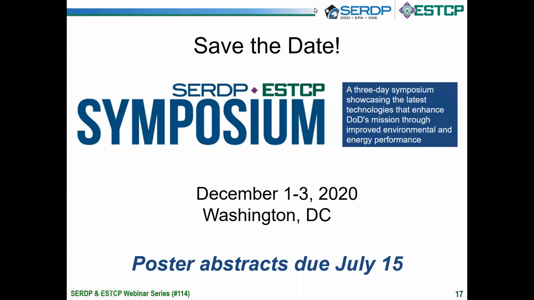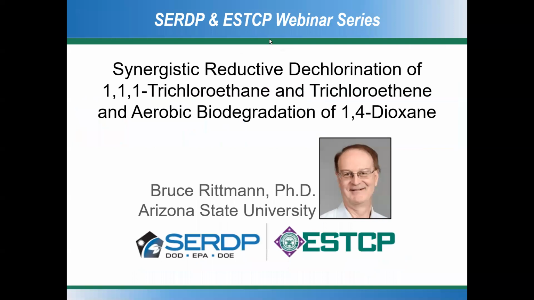It is my absolute pleasure to introduce our first speaker, Dr. Bruce Rittman, who is Regents Professor of Environmental Engineering and Director of the Biodesign Swette Center for Environmental Biotechnology at Arizona State University. Bruce's research focuses on the science and engineering needed to manage microbial communities to provide services to society. He is a member of the National Academy of Engineering and a distinguished member of the American Society of Civil Engineers.